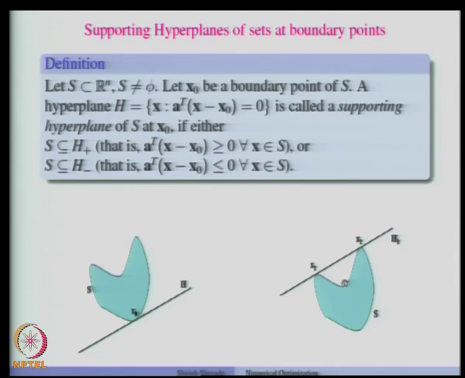Now, if you take this point, we cannot draw a hyperplane which supports the set S, because any hyperplane passing through this will intersect the set S and the set S will not entirely lie in one of the closed half spaces. So, for such points it is very difficult to construct a supporting hyperplane, but we have a result which says that if S is a convex set, then there exists a supporting hyperplane at every boundary point of the set S.